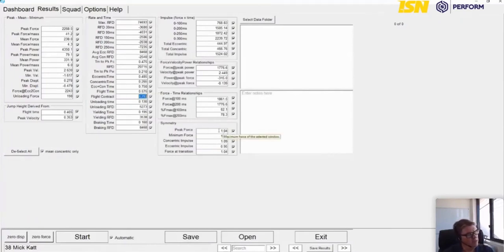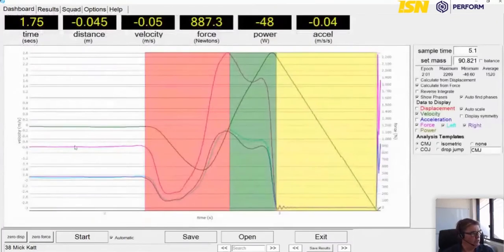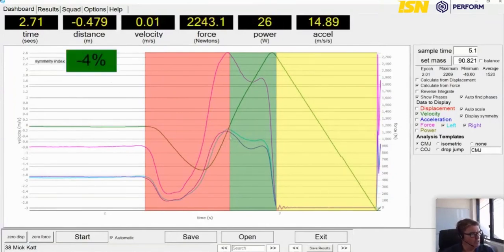But the analysis can also be done on symmetry, and we can look at the ratio between peak force, left to right, and minimum force, so how much did they unweight? They may not have much difference in terms of the peak force, and you can see the peak force is not terribly much different here. If we have a look at the actual symmetry measurement here, we can see it's only about 3% at this peak force point.